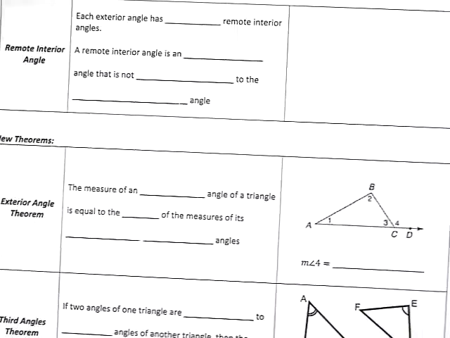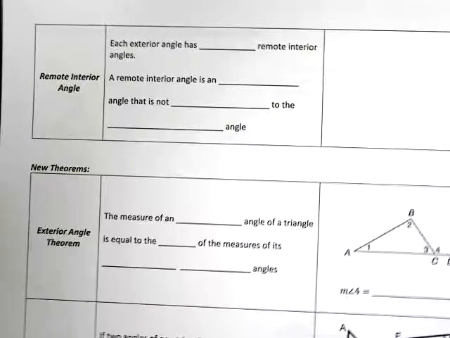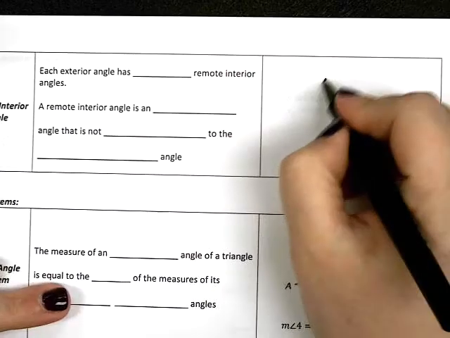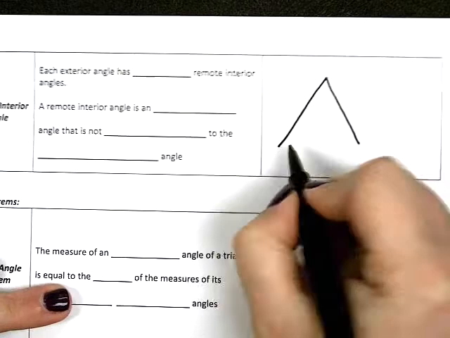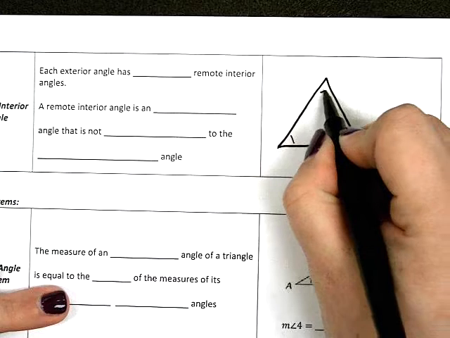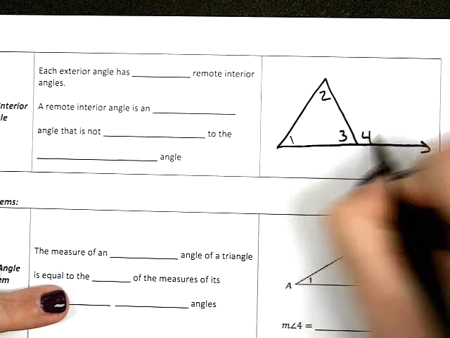Then we've also got what we call remote interior angles. We are going to draw that same picture that we just had. We had a triangle like this, and we had this bottom piece extended here. 1, 2, 3, and 4.